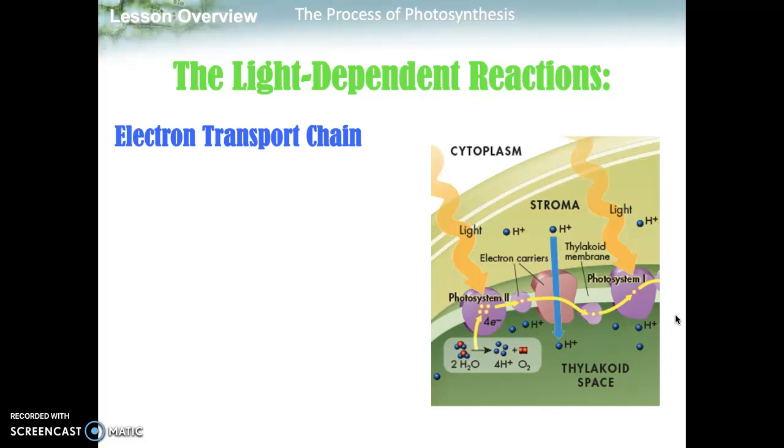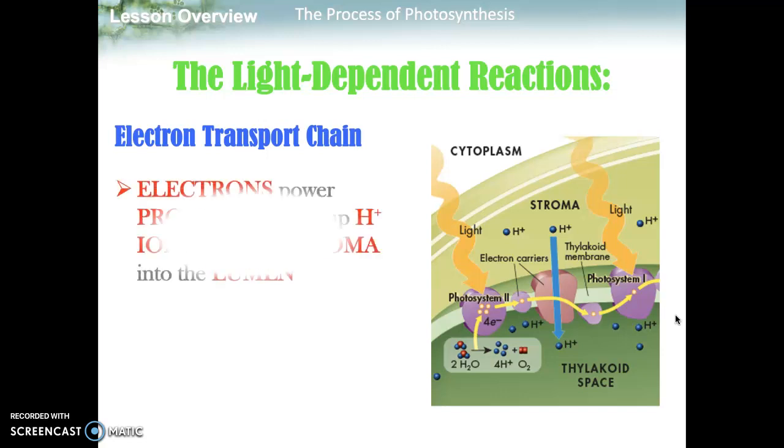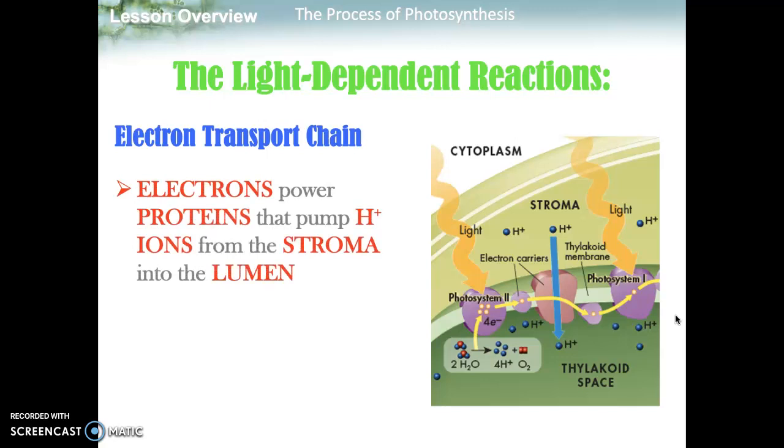Again, this is what's taking place across the thylakoid membrane. You can see where the stroma is and where the thylakoid space, or the lumen, is. And what happens here is those electrons that were created in Photosystem 2 power special types of proteins. So we have, again, protein pumps.